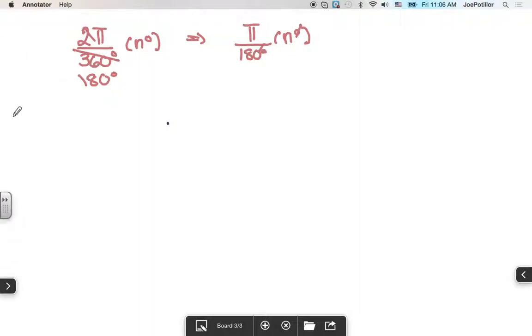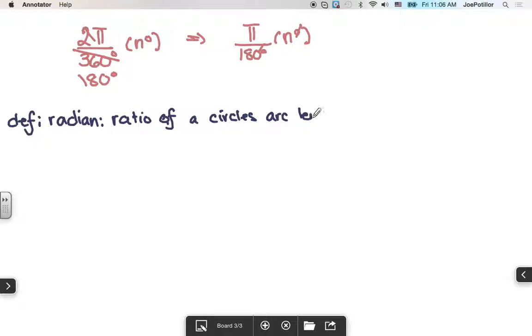And so the definition of a radian is the ratio of the arc length to its radius of the central angle.